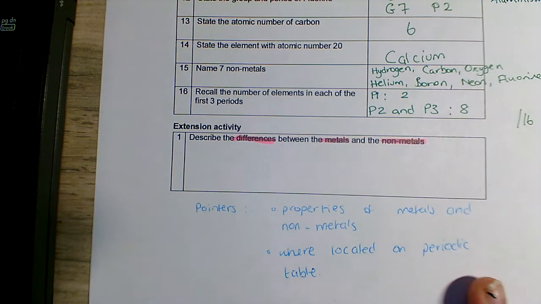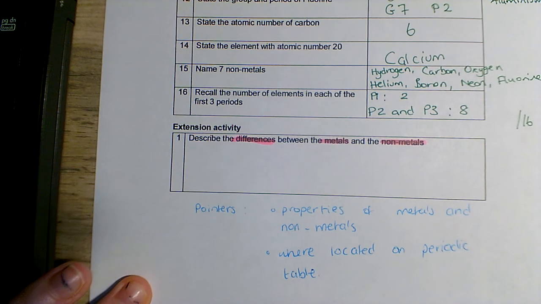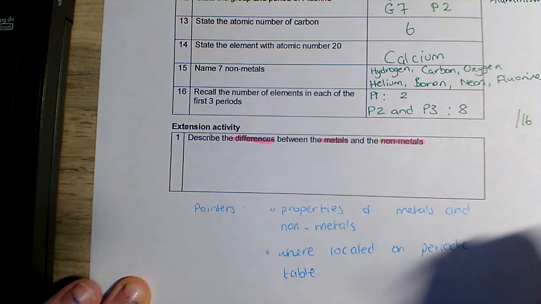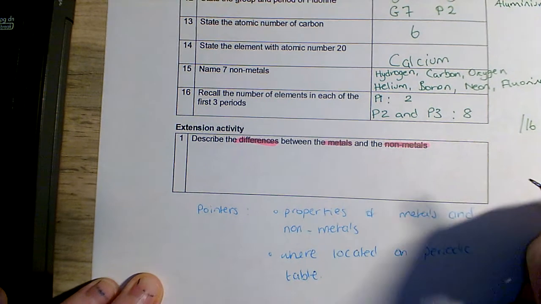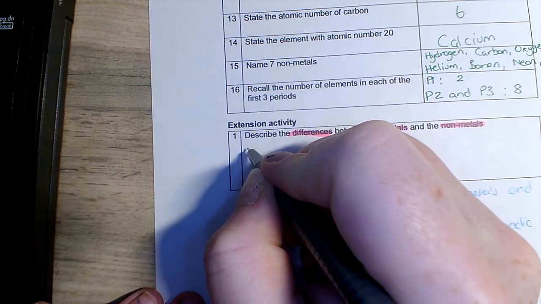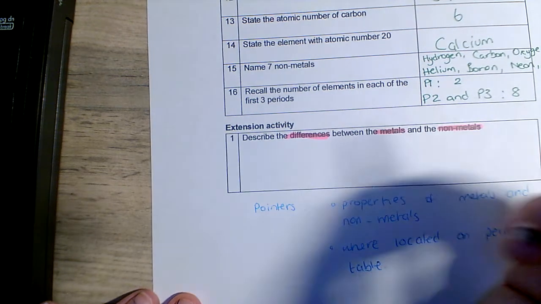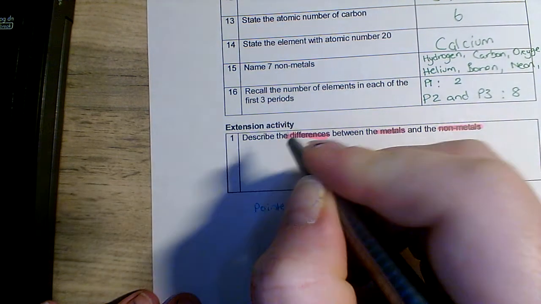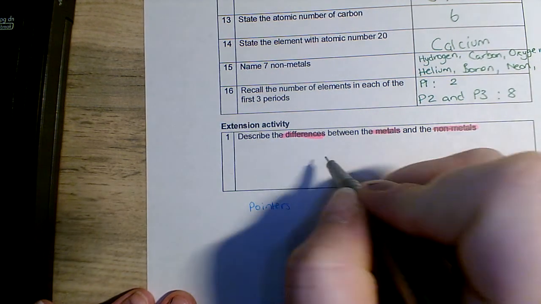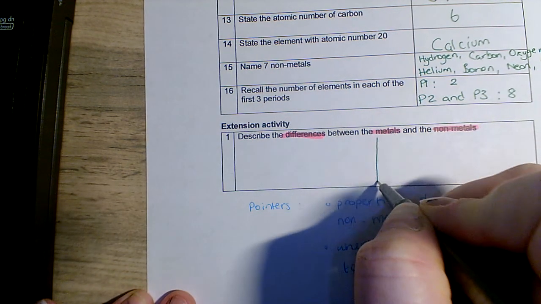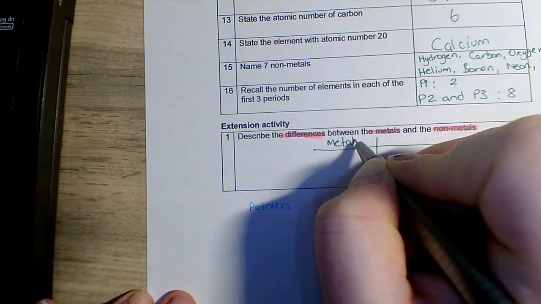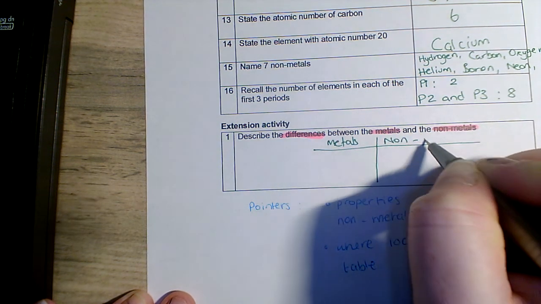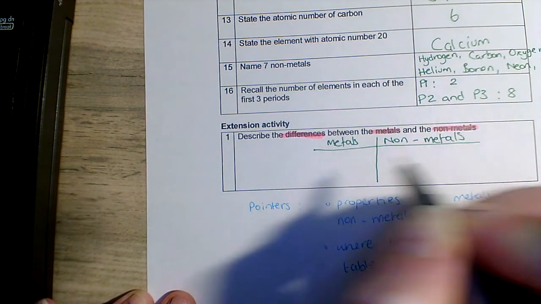Having a look at the extension activity at the bottom, describe the differences between the metals and the non-metals. You can do this in bullet point form, or you can write a paragraph. But for each point that I make, give yourself a tick. I would start with the properties, the differences between the metals and the non-metals. You can also do it as a bit of a T diagram, like so. Metals and non-metals.